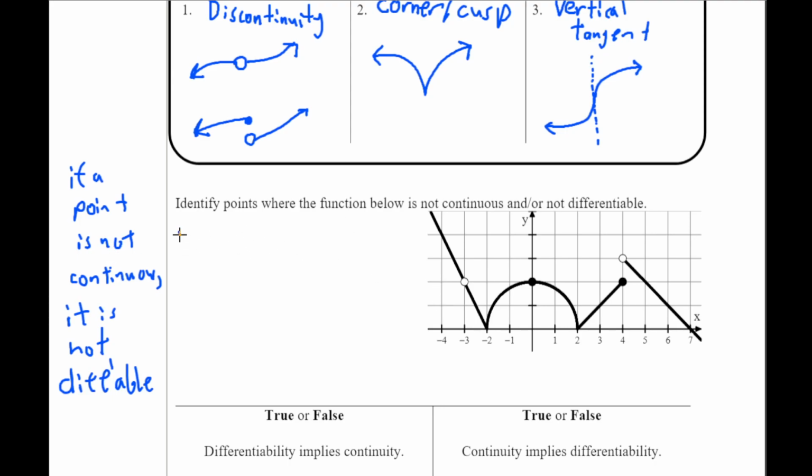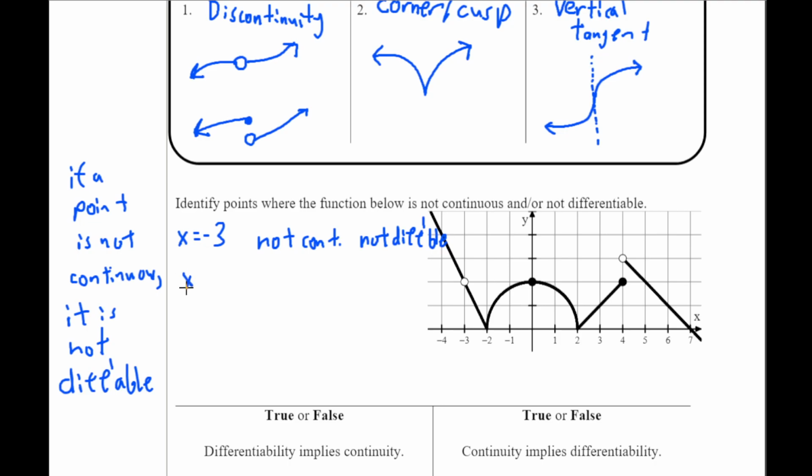So when x is equal to -3, it's not continuous. It's not continuous, therefore it's not differentiable. Just to abbreviate right there.